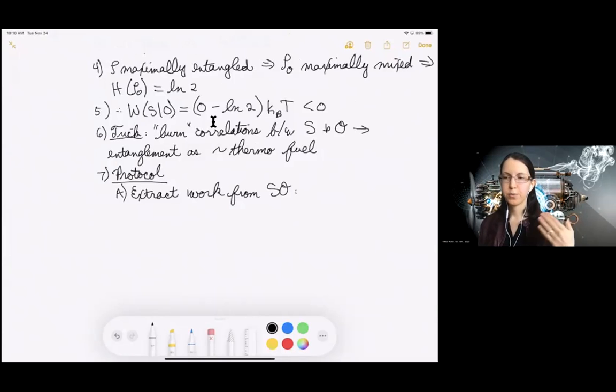So we get one of 4 possible outcomes. We have 2 bits of information about the outcome. Using those 2 bits of information, we can create 2 runs of our Szilard engine, or fuel 2 runs of our Szilard engine. Then, in accordance with Landauer's principle, we use half that work to erase S.